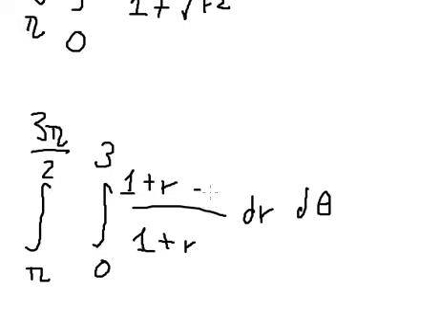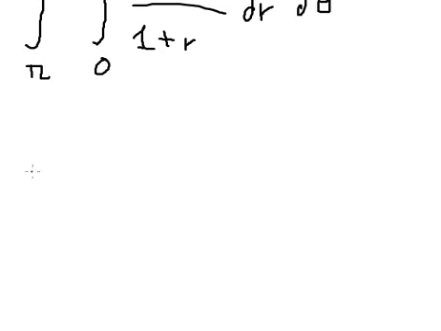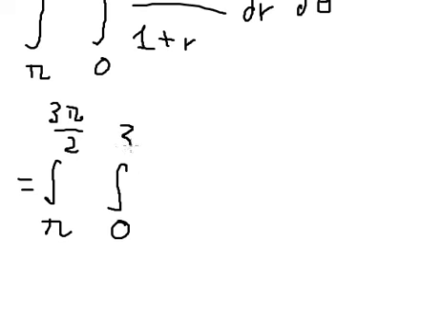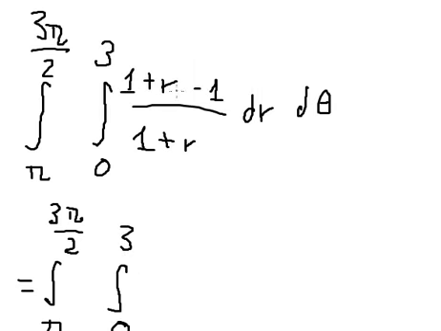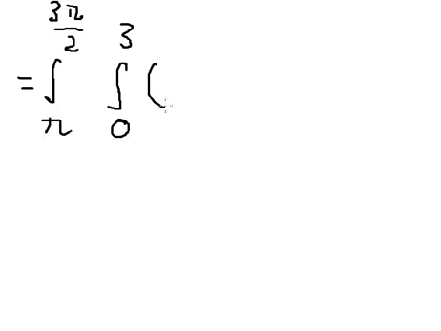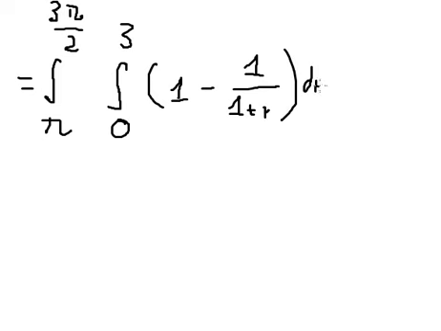Later we need to minus number 1. So 1 plus r divided by 1 plus r, we have number 1 minus number 1 over 1 plus r dr d theta.